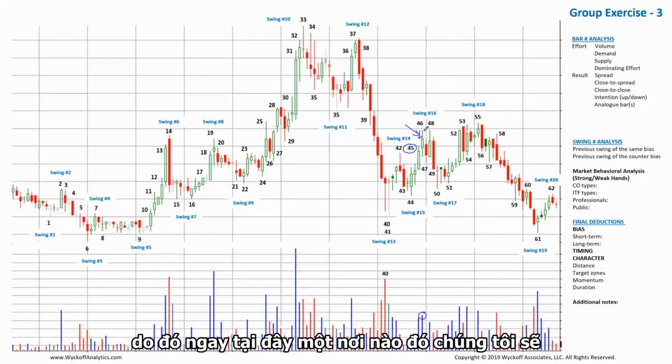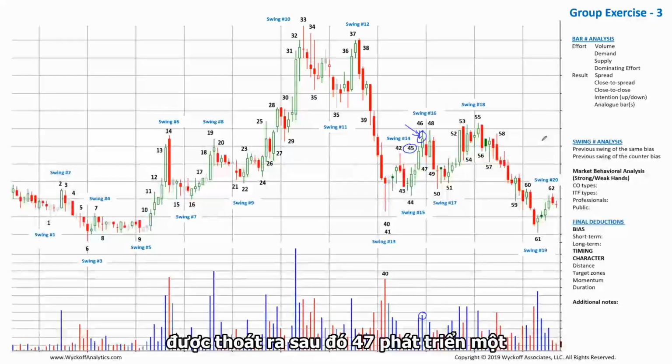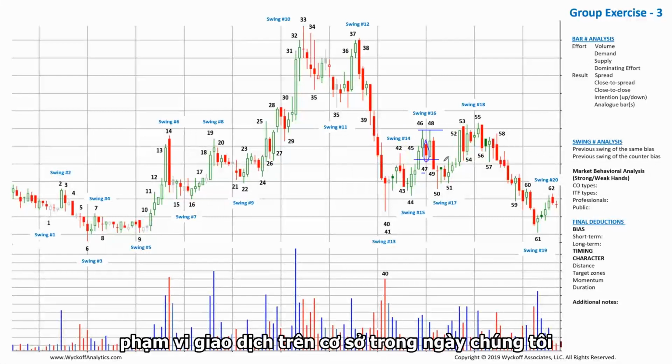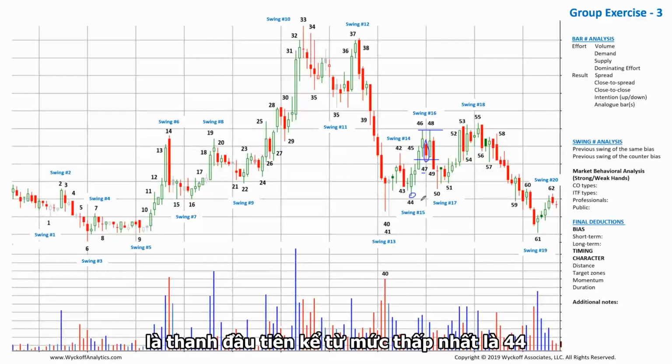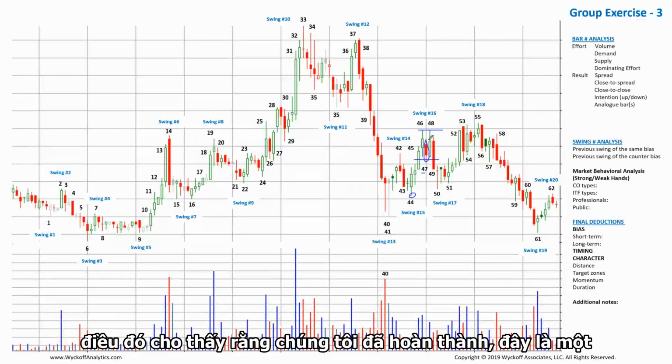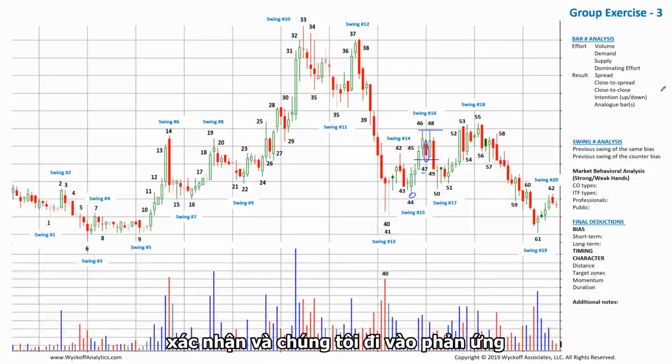So therefore, right here somewhere we will be getting out. After that, 47 develops a change of character. This is a small trading range on the intraday basis, we just don't see it on the daily. But this is the first bar since the low of 44 that suggests that we are done. This is a confirmation. And we go into the reaction and look at the reaction that we have.